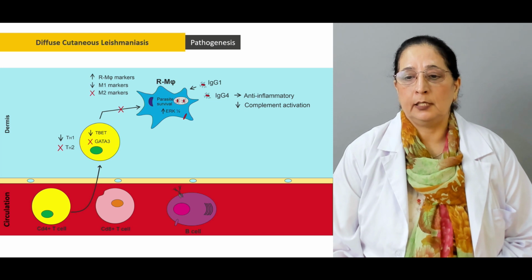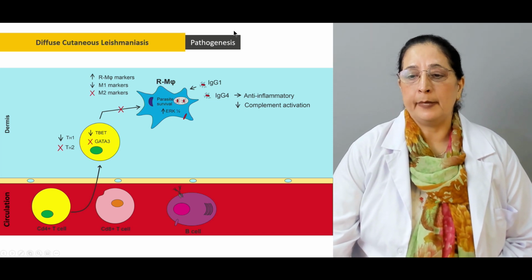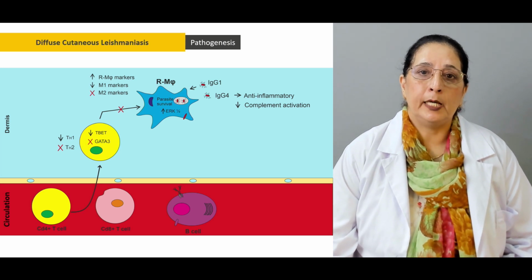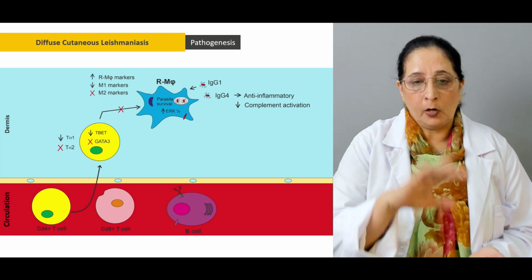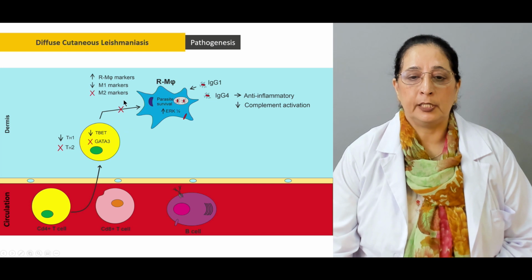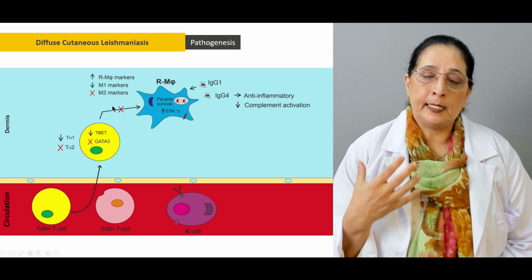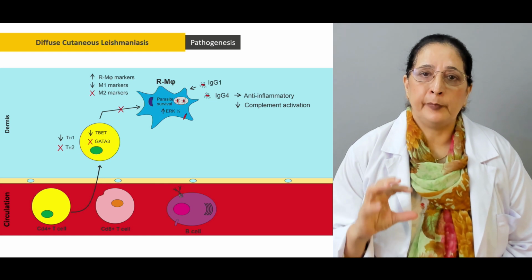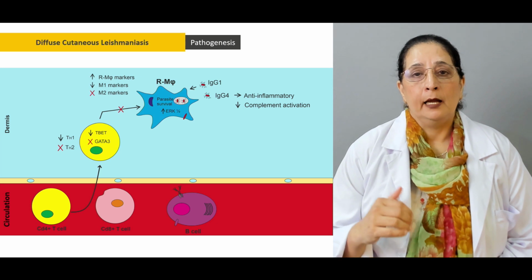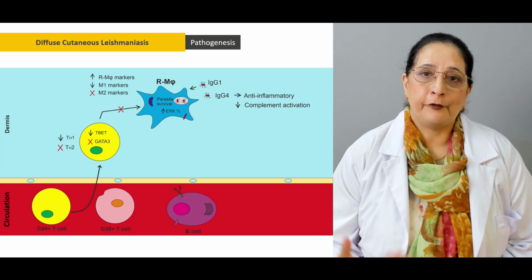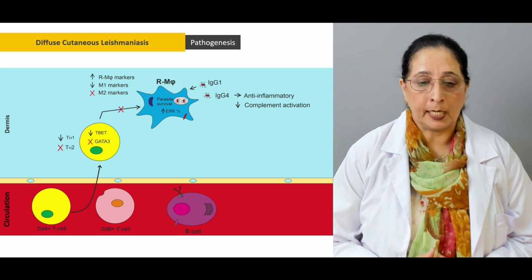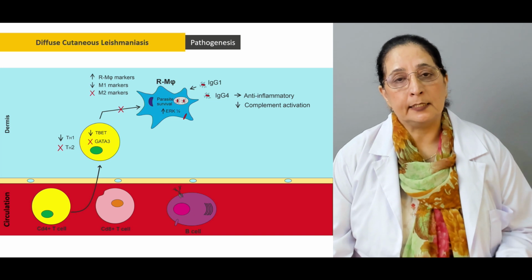Anti-inflammatory reaction is there. We have decreased complement activation. The complement system again plays an important role in the immune system. So the pathogenesis is the reticuloendothelial cells attacked by leishmania, and the effect is a decrease in the ability of the cells in the blood, like T cells and B cells.